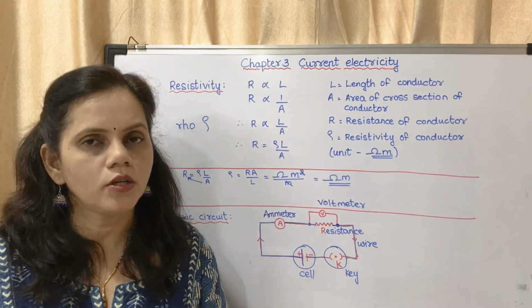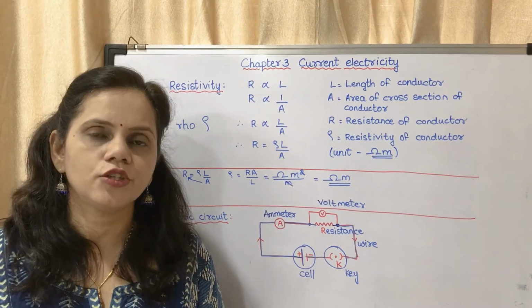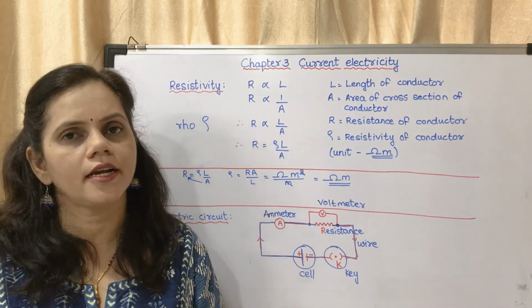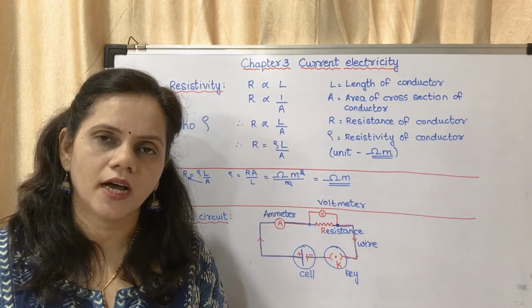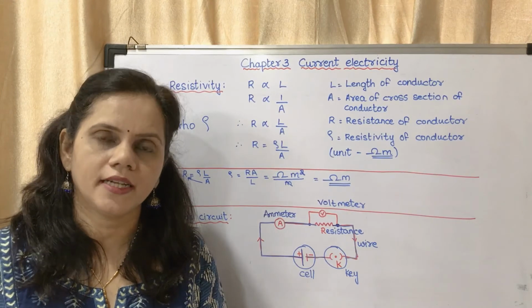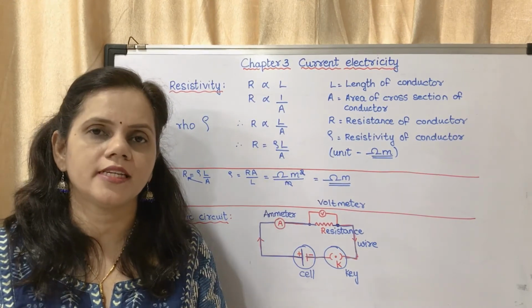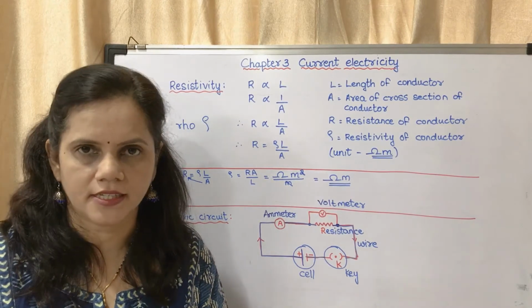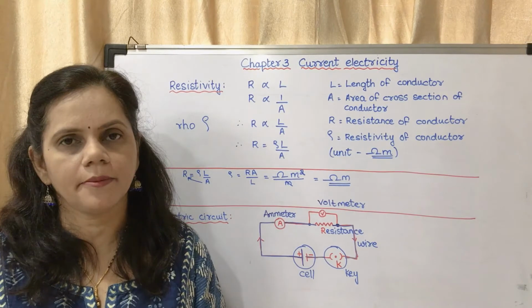So I had told you earlier also, for the current to flow there should be a high potential and a low potential. So if you are connecting both to the high potential or the positive terminal, which is said to be at a high potential, then the current will not flow because there is no potential difference. So in the first diagram, that is B, the circuit is incomplete.